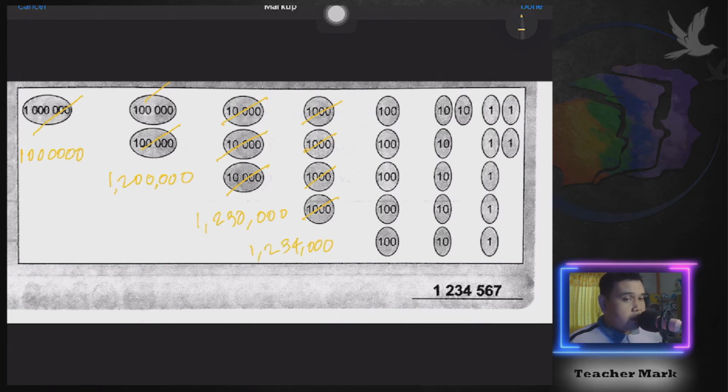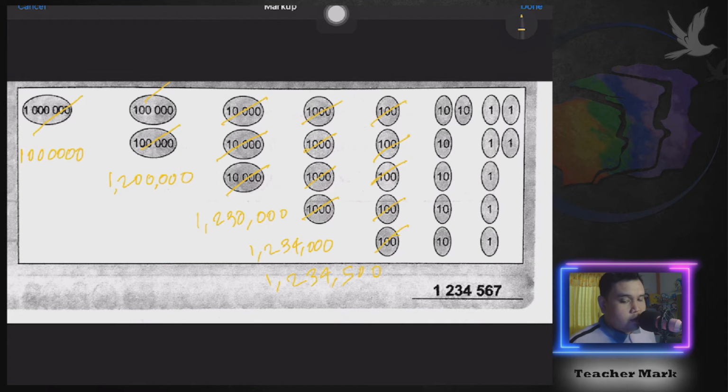So skip counting by the 100s, that's 1,234,100, 1,234,200, 1,234,300, 1,234,400, 1,234,500. So that's it. We now have 1,234,500.